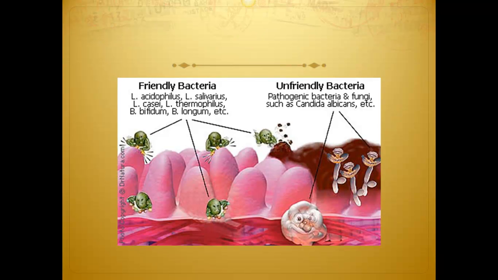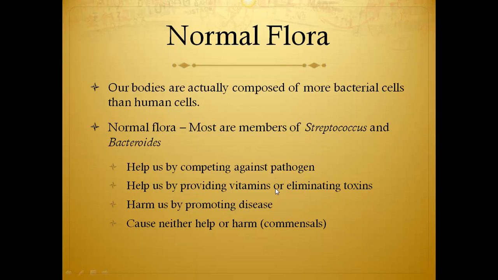So here's my little slide of the friendly bacteria that are in there doing a good job helping us digest our food and getting the nutrients out of those things that we eat. And then there's a few unfriendly bacteria in there that can cause some problems. So normal flora.